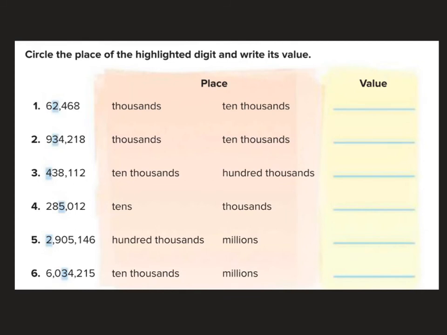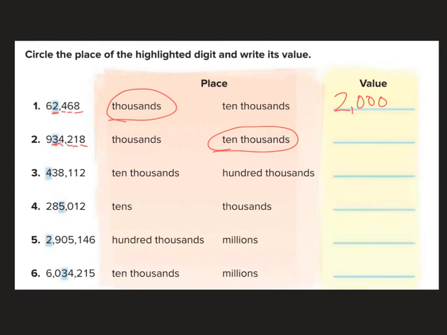All right, so here's some extra problems. Circle the place of the highlighted digit and write its value. So here we have the 2 is in the thousands place, right? Because we have ones, tens, hundreds, thousands. So that 2 is worth 2,000. Here we have a 3 in the 10,000s place, right? Because we've got ones, tens, hundreds, thousands, 10,000s.